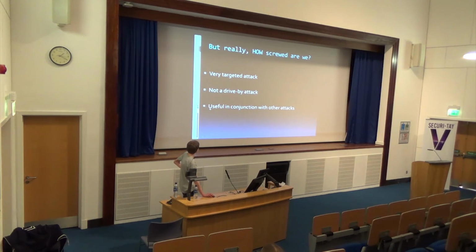Rather than as an attack on its own, it's more useful in conjunction with other attacks. It's very, very useful in maintaining your access to a machine that you've got into by another way. So say you have got into a machine through MS-08-067 or whatever, you can use DLL hijacking attacks to make sure you stay on that machine.